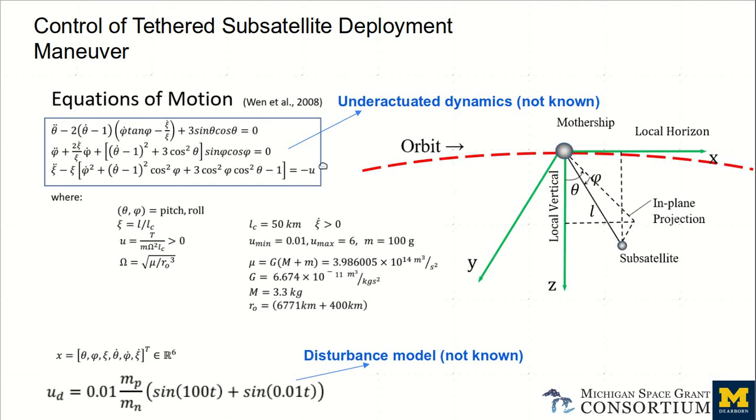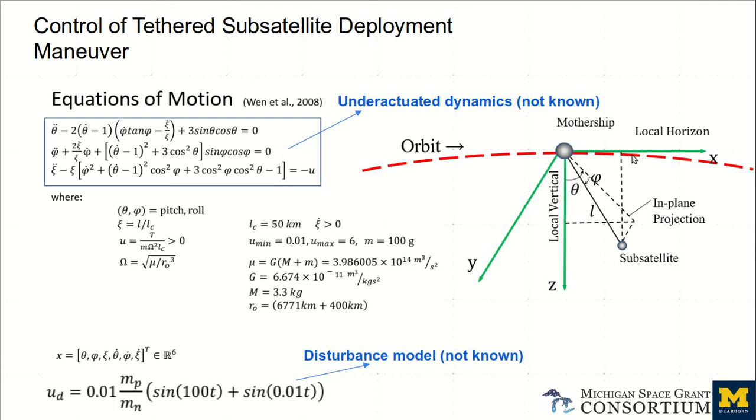And not only do we have control forces, but we also have unknown disturbances that might be acting on the subsatellite system, and if not known or if not approximated, they can devastate the deployment mission.